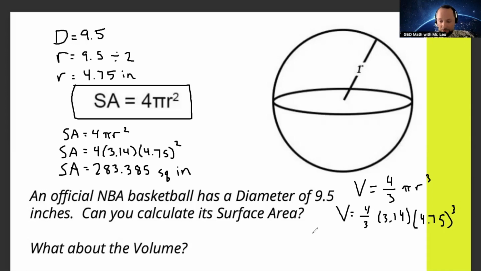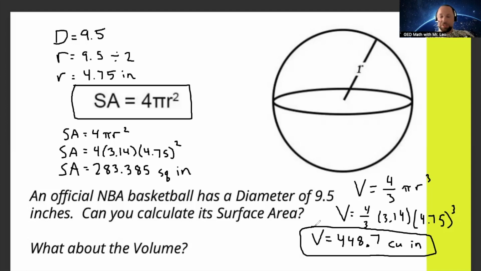And I'm getting 448.69. I'm going to call that 448.7. It's up to you how you want to round it off. And this would be what? Cubic, because we're volume, cubic inches. Okay, so inside that basketball is almost 450 cubic inches of air.